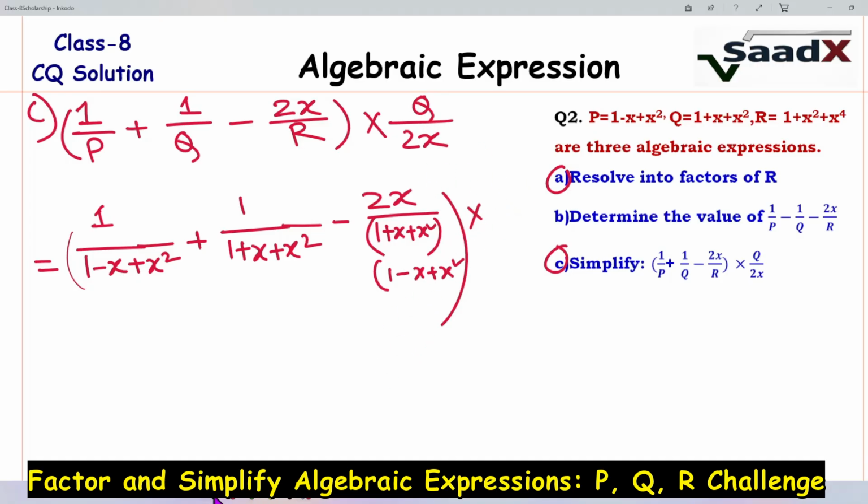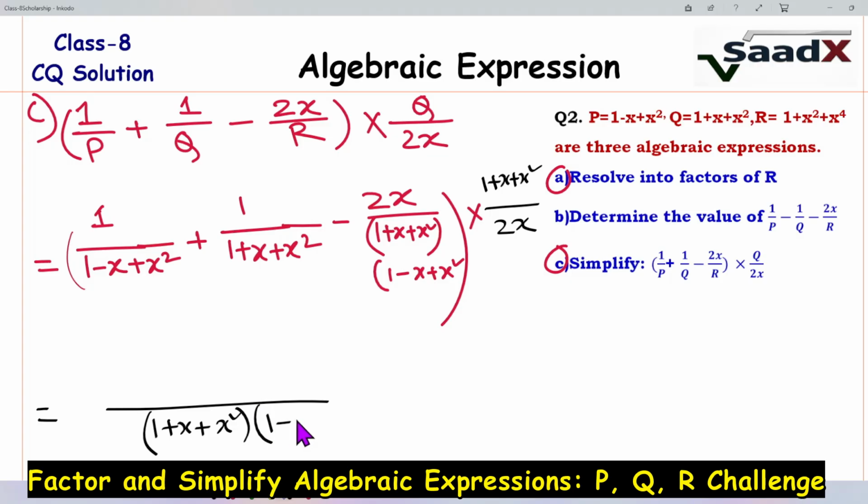So Q in here, Q means 1 plus x square and divide 2x. Now we will make LCM. Similarly, 1 plus x square and 1 minus x plus x square.